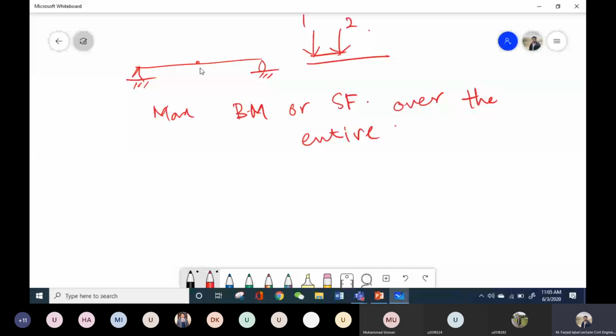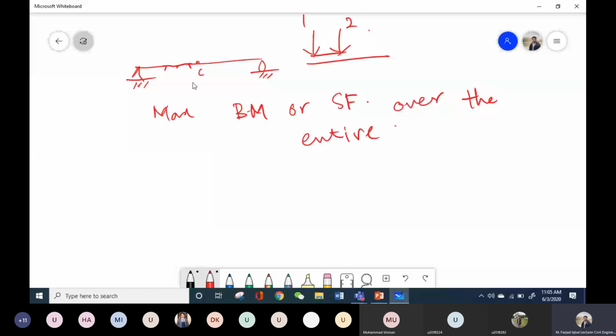For example, previously you were given this point C, and there is a possibility that there is another point B over here at which the maximum value of bending moment exists. So obviously you can calculate the maximum bending moment at C, but it is possible that there is another point existing in the same beam where the overall maximum exists.